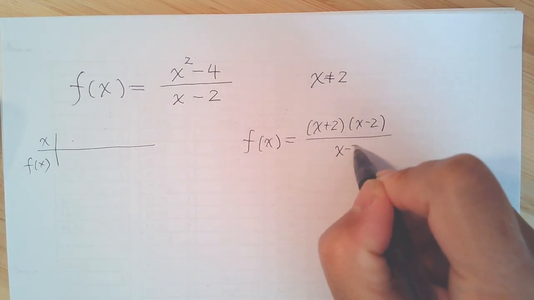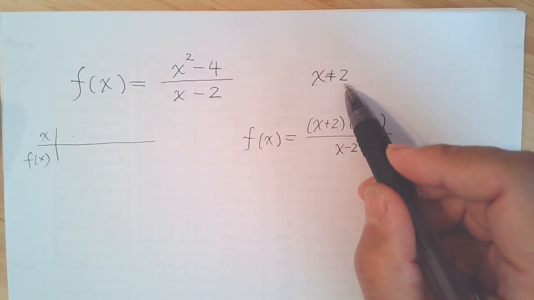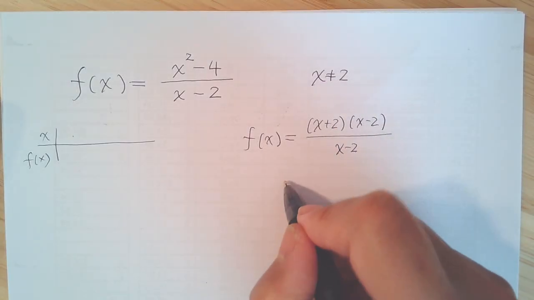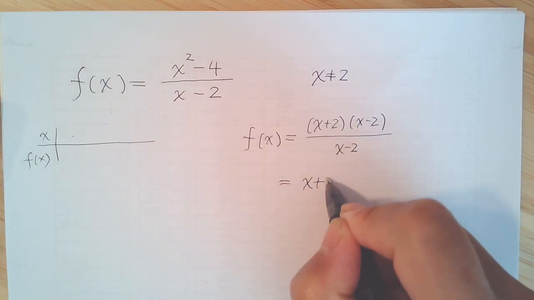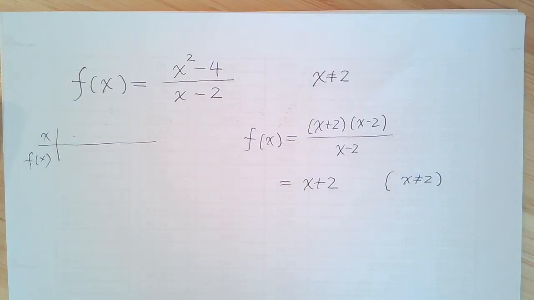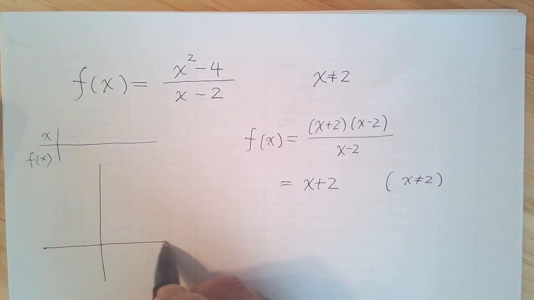And then divided by x minus 2. In this case, because x is not 2, x minus 2 is not 0, and I can cross it out, I got x plus 2. Still, I have this in my mind, x cannot be 2. So f of x is x plus 2. I know it's a straight line.